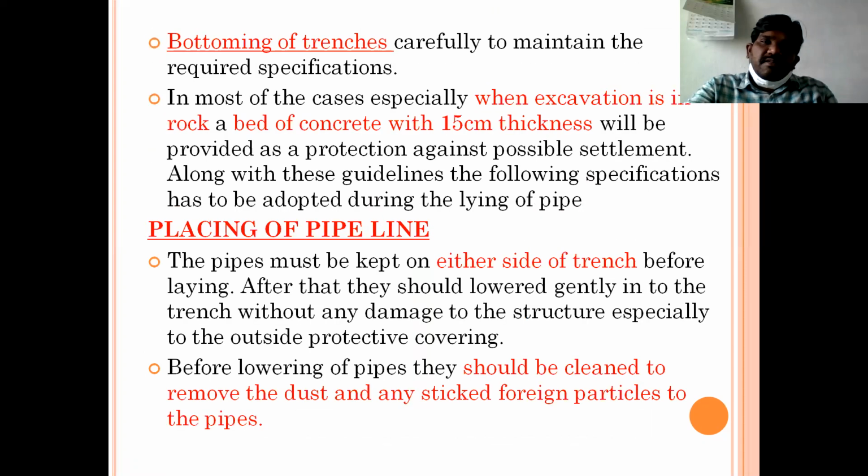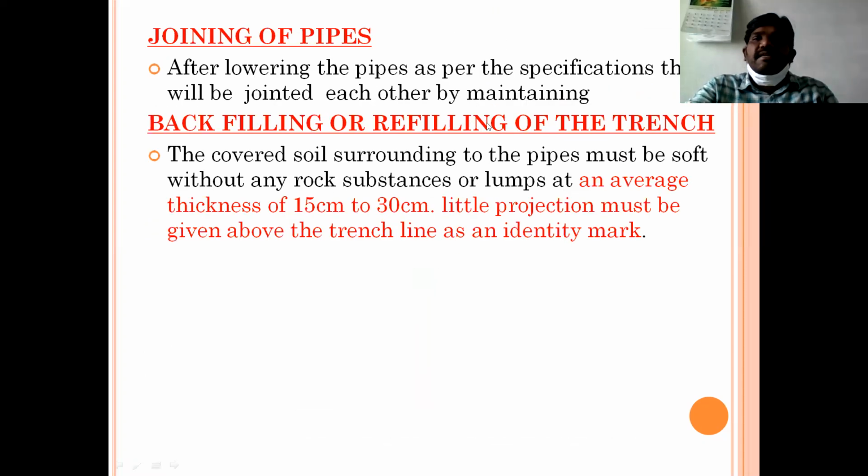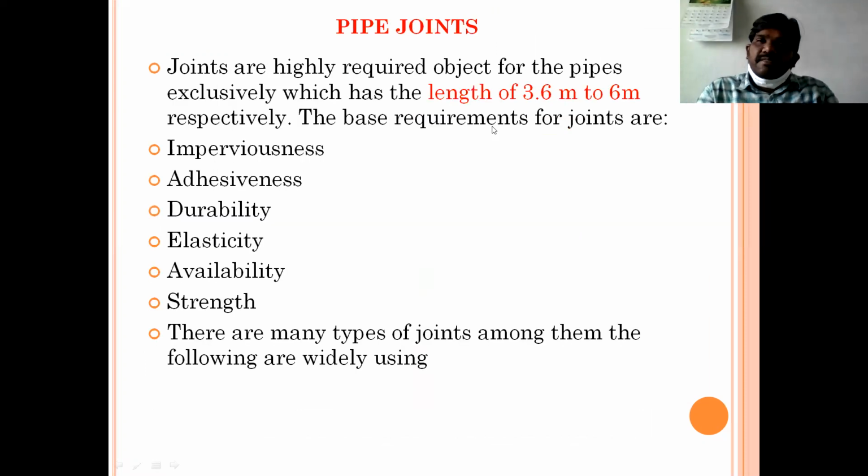In the previous class, up to here we have seen backfilling or refilling of the trench. Now the following topic is pipe joints. You may have heard of so many types of joints. Now here we are jointing the pipes. How are we doing this process?